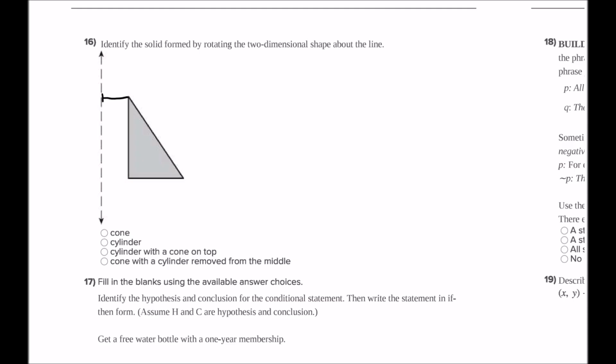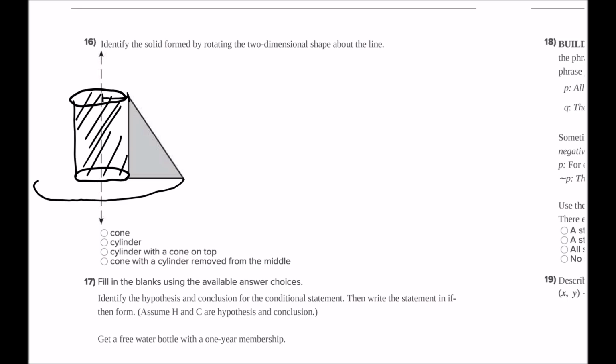Notice that there's a gap here. So when you rotate this part, the gap is just going to be like a hole. Now this part right here rotates around like this, and this part rotates like that, and it kind of looks like that when it reflects and rotates.